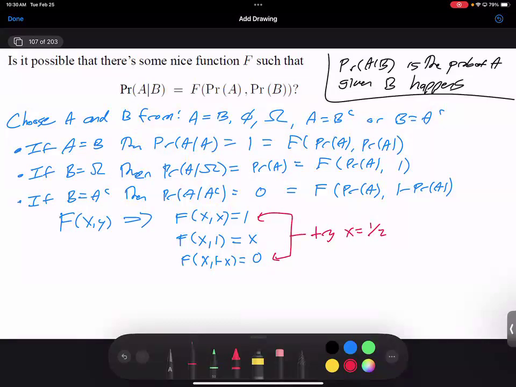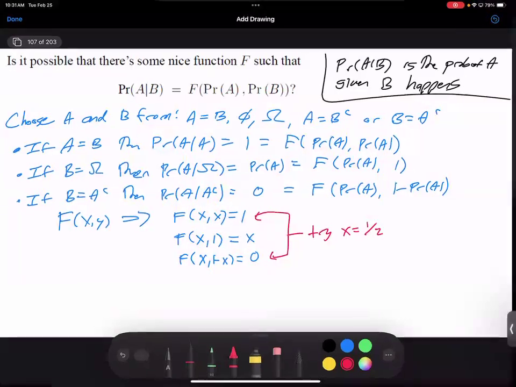But when we're looking at this, we see F of x, x has to be 1, F of x, 1 minus x has to be 0. Oh, if we took a situation where x equals 1/2, that's inconsistent. So if we could just find an event that happens with probability 1/2, we're done. Can anybody give me an event that happens with probability 1/2? Yeah, coin flip.